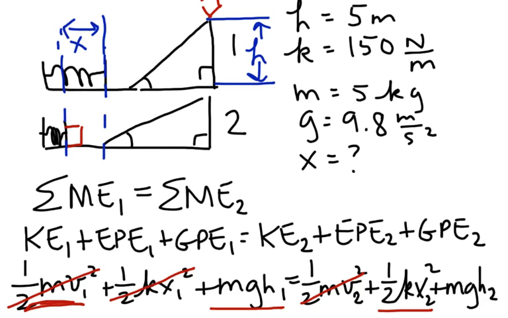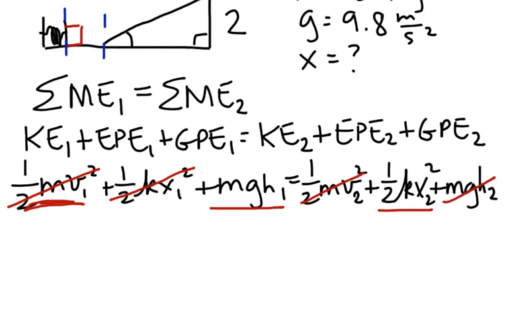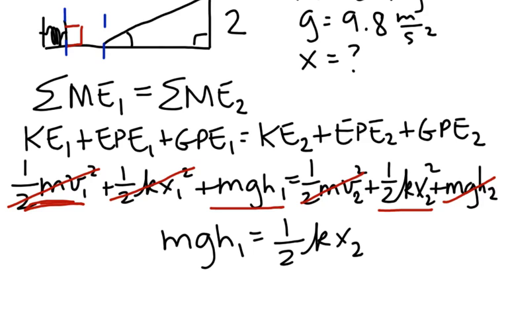My h sub 2 value then is 0, and so this term drops out. So the equation that I'm left with is mgh sub 1 is equal to 1/2 kx sub 2 squared. The x sub 2 value is really what I'm looking for. So what I would like to do is rearrange this formula for the x sub 2 value. So I'm going to multiply both sides by 2.